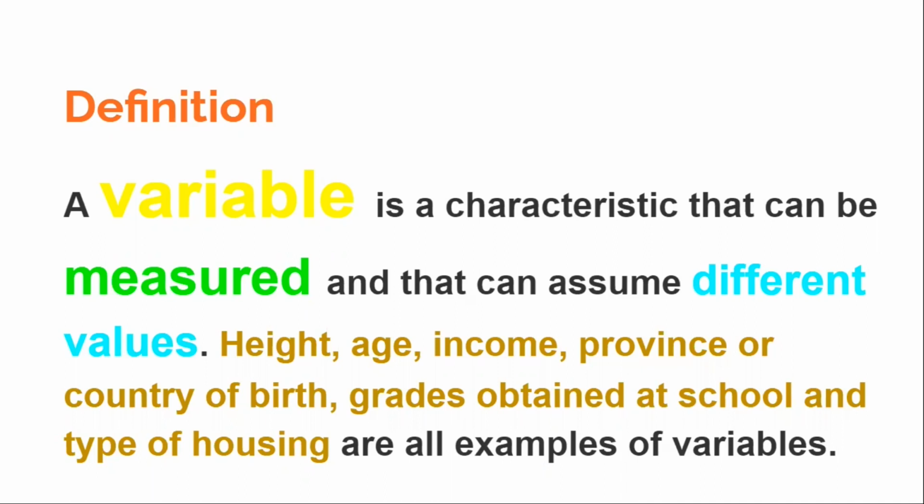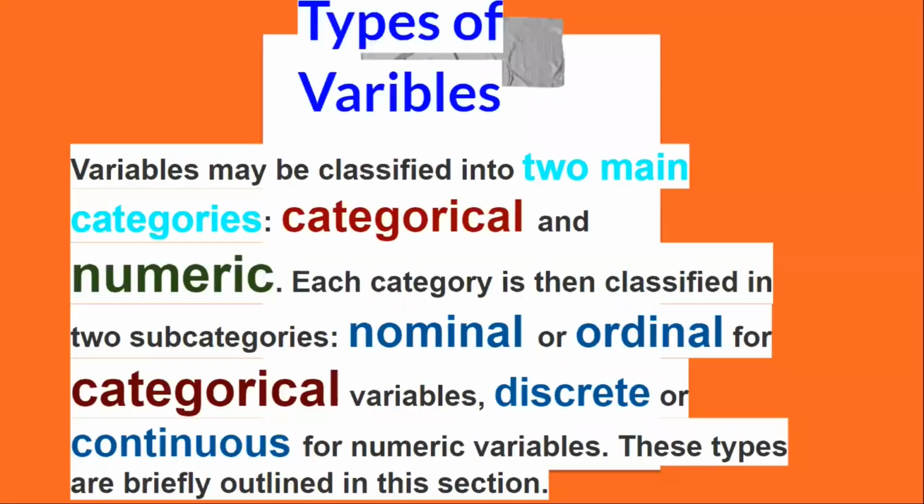If we take age, for example, we have people that are only 1 year old, other people who are 20, and others who are more than 100 years old. So height, age, income, province or country of birth, grades obtained at school, and type of housing are some examples of variables in statistics.